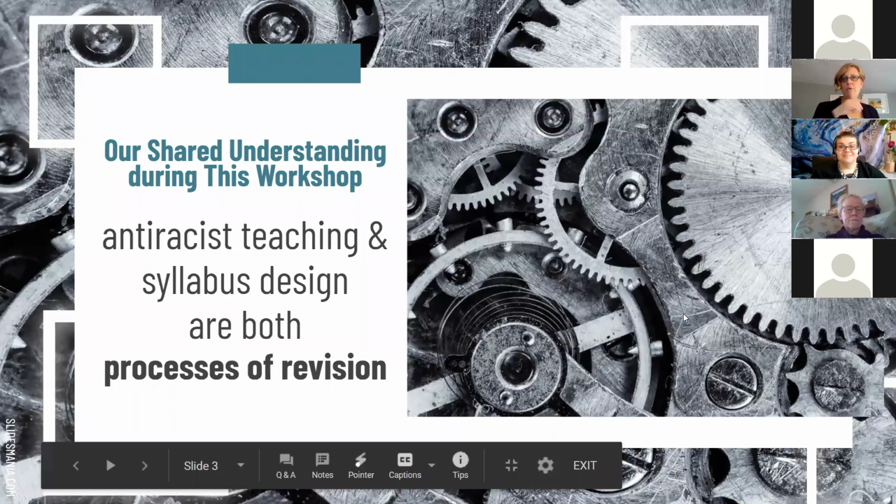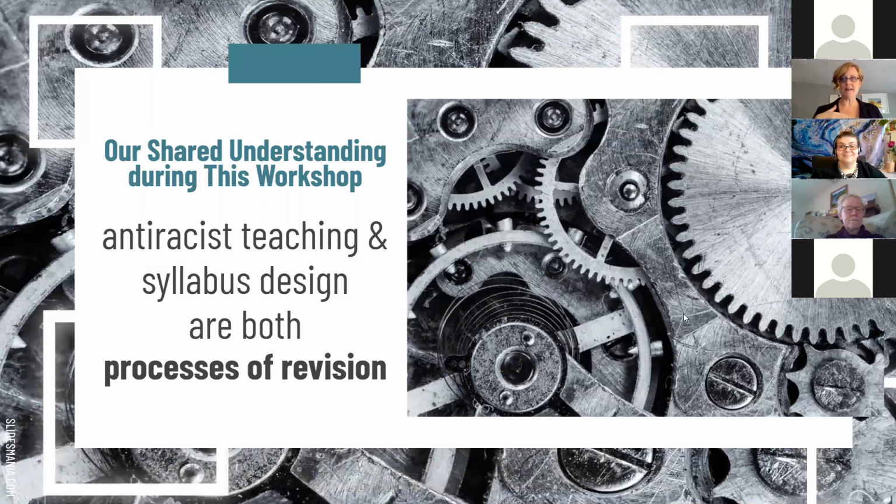So I just want to start with a shared understanding so that we can meet on common ground. And you can tell I'm a former English teacher here, both anti-racist teaching and learning, to be an anti-racist educator, and designing our syllabi, they're both processes of revision, right? So we're never complete as educators, as anti-racist educators, we're never complete, that's for sure.